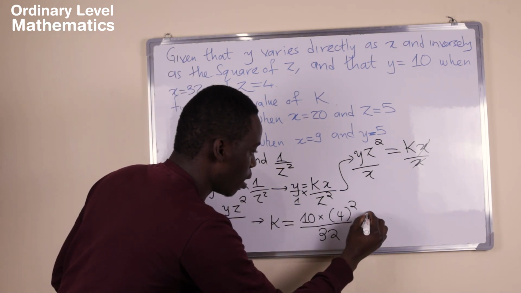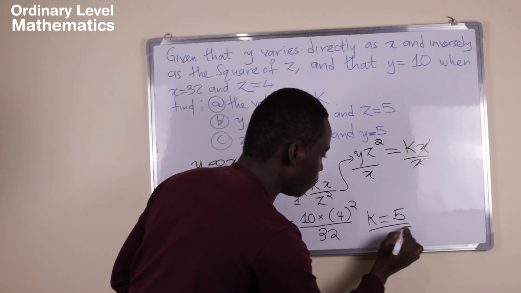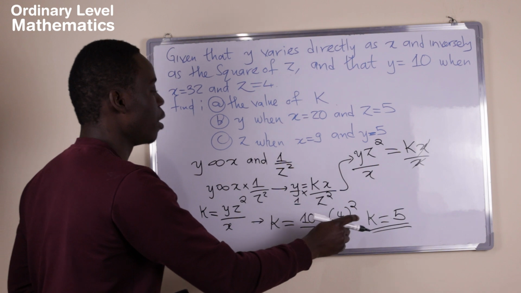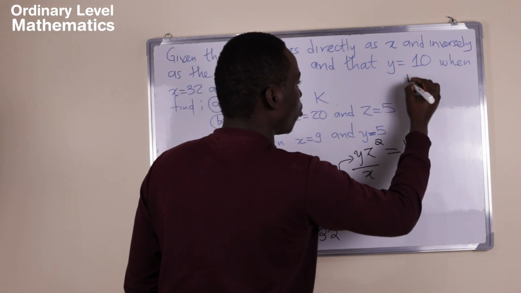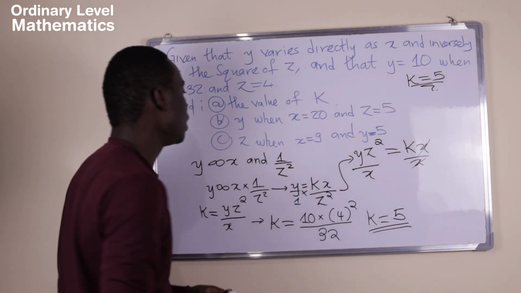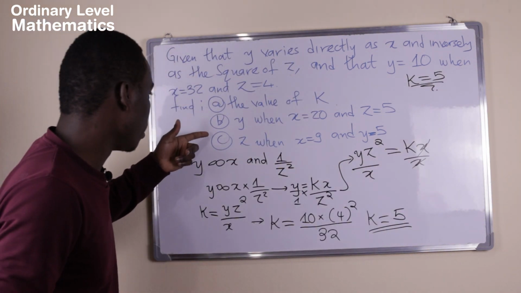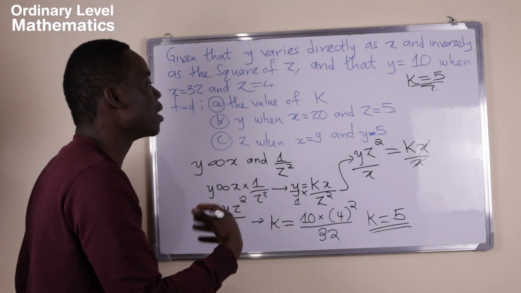Hence our value for k is 5. And this is how you solve the constant variation. Keep this constant variation, so I'm going to write it here: k is equal to 5, because you'll be using it in the questions that are coming. It's the constant variation, it doesn't change.